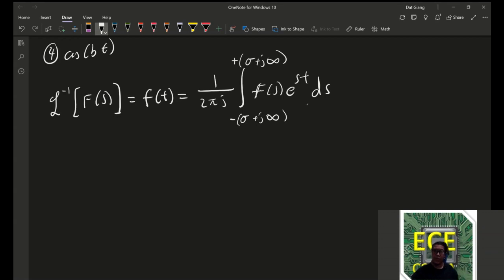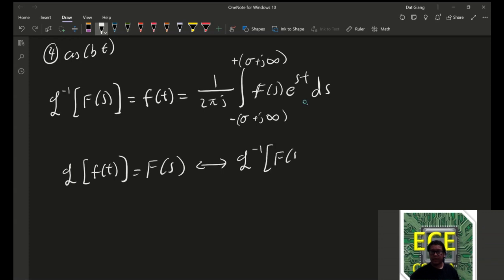Now, because this integral is rather tedious and, quite frankly, doing this computation is too complicated, we use the following property. If the Laplace transform on a time function gives us the complex frequency representation, then by linearity, the inverse Laplace of the complex frequency function gives us the time domain function.